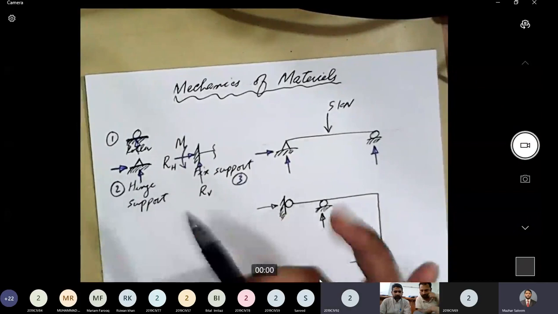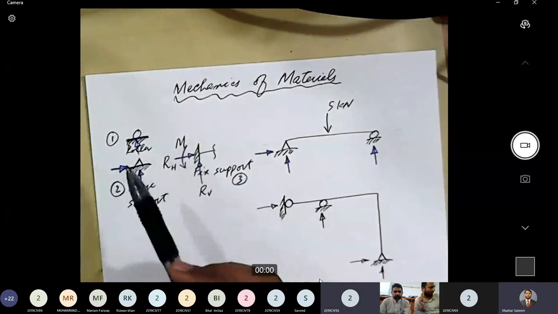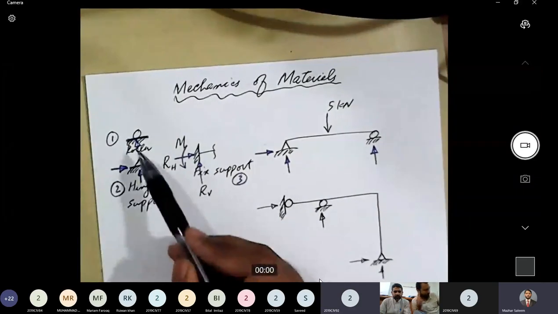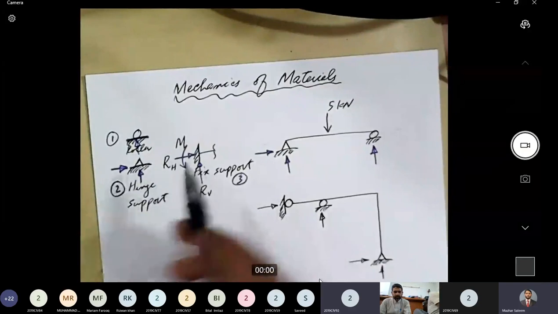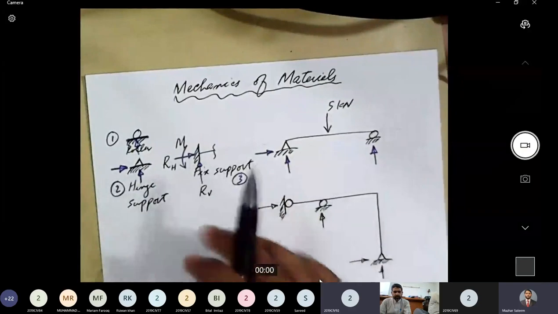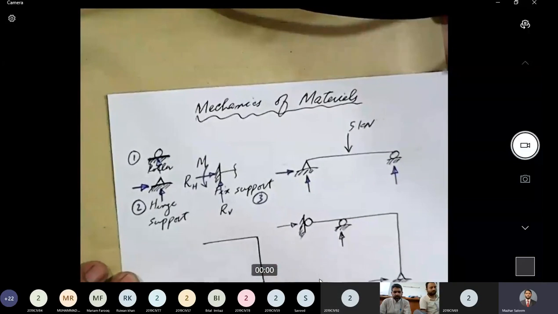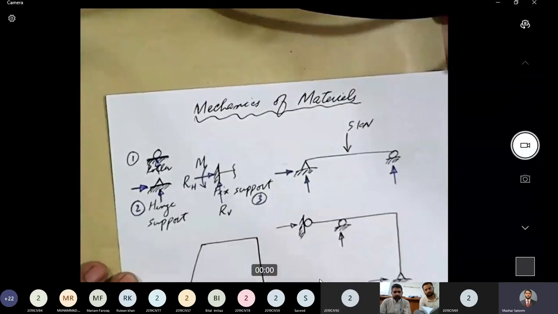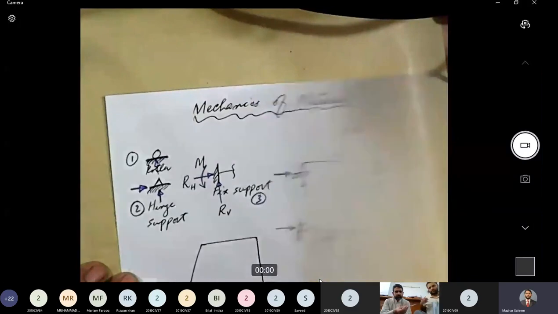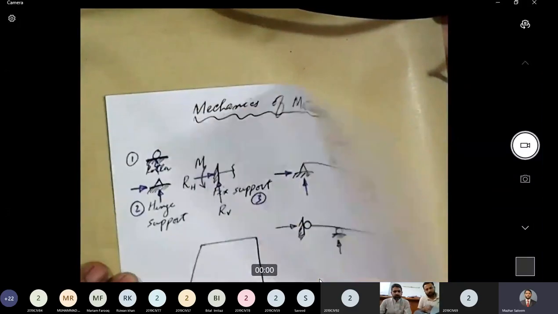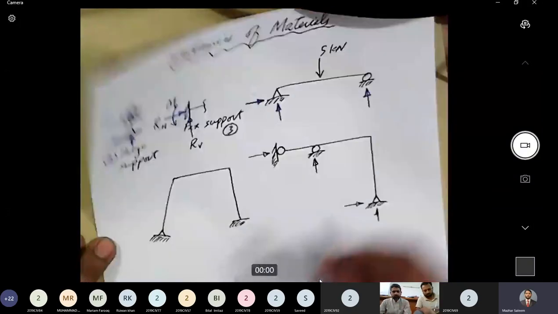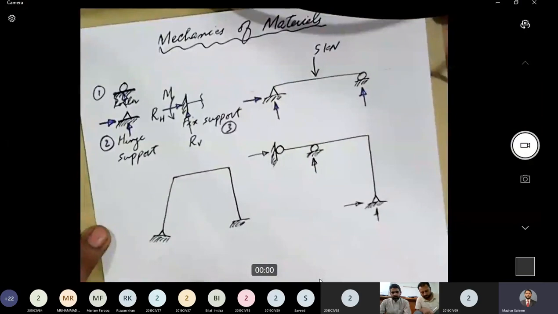So there are two reactions, and these supports are not always vertical or horizontal. Sometimes we have inclined members and inclined supports as well. For example, if we have a structure like this, we might have a fixed support here, and a hinge support here. Now in this case, the hinge support has inclined orientation.